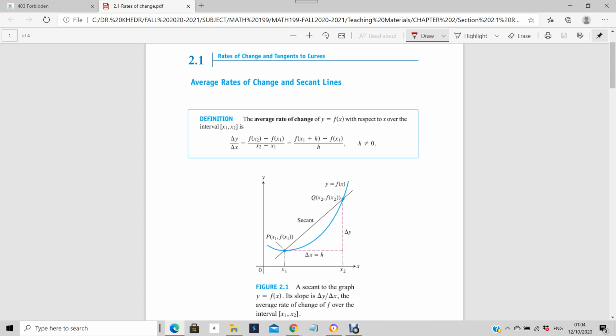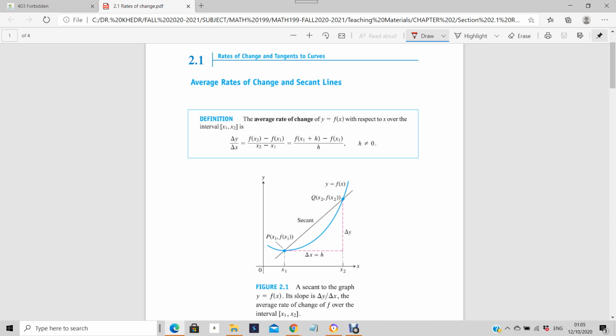And the dashed line from P to the x-axis is the value of the function at x1, which is f of x1. So the difference between these two lengths, f of x2 minus f of x1, will be delta y.